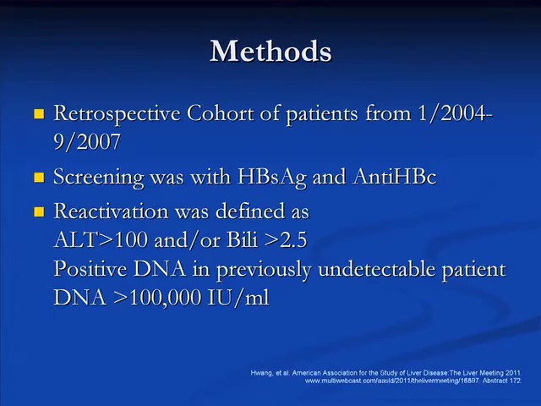Reactivation in this study was defined as an ALT greater than 100 and/or a bilirubin greater than 2.5 that developed while on therapy, or a positive DNA in patients who were previously undetectable for hepatitis B, or a DNA that was low prior to therapy but then went over 100,000 copies while on therapy.